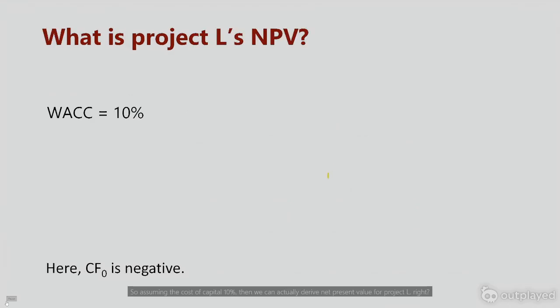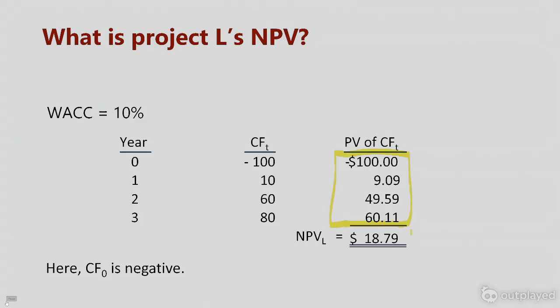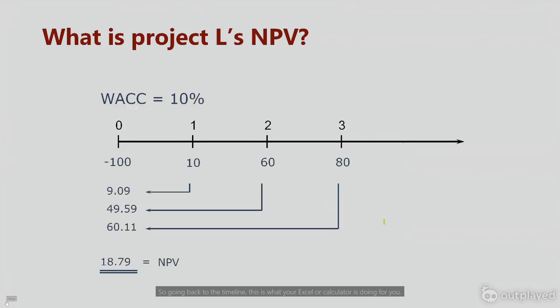Assuming a cost of capital of 10%, we can derive the net present value for Project L. Net present value works by discounting all the cash flows that are not located at time 0. Summing those up gives you the total net present value for Project L. Going back to the timeline, this is what your Excel or calculator is doing for you.